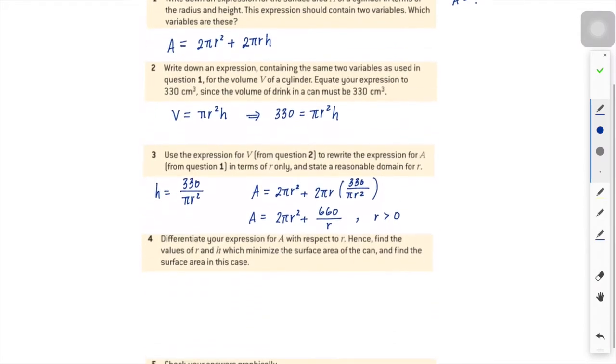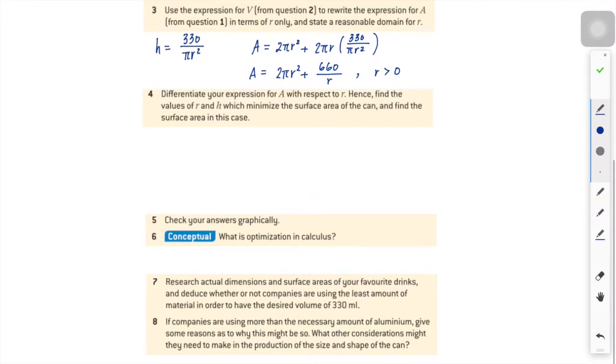Okay, number 4. Differentiate your expression for A with respect to r. Hence, find the values of r and h, which minimize the surface area of the can, and find the surface area in this case. Now, how does finding maximum or minimum surface area relate to differentiation, if you think about that?